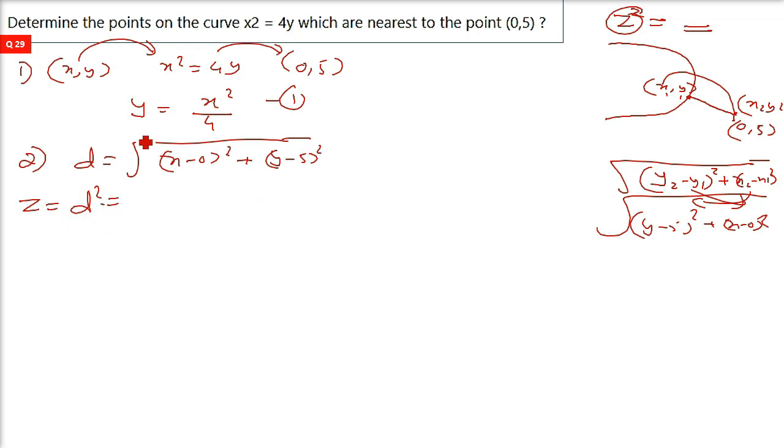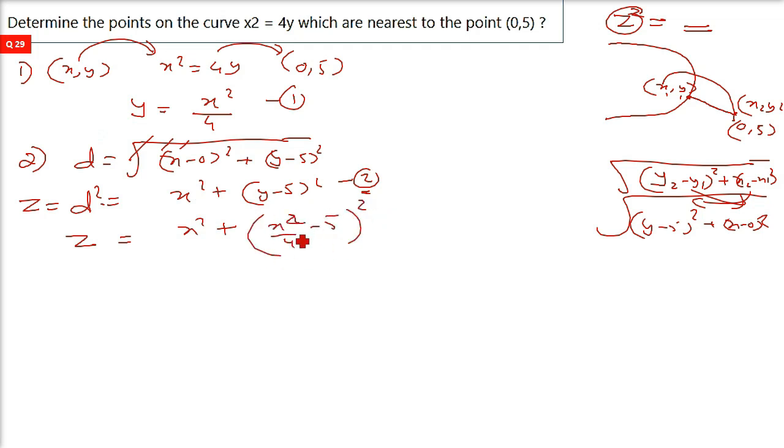On the right, this root will get eliminated, and this is going to be x square plus y minus 5 whole square. Now you have y equals to x square by 4. Remember equation number 1, y equals to x square by 4, has to be replaced here. So it will be x square by 4 minus 5 whole square in place of y minus 5.